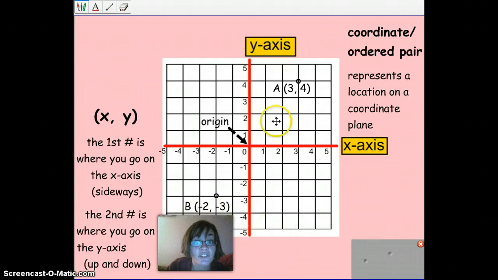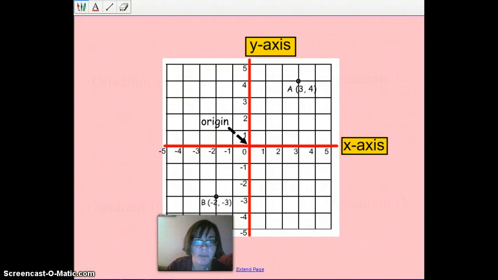Make sure you pay attention to those negatives and where they tell you to go. The only other point I wanted to show you real quick is 0, 0. If you start at your origin and you go 0 sideways and 0 up and down, you're still at the origin, right? So that means that the origin is located at point 0, 0.